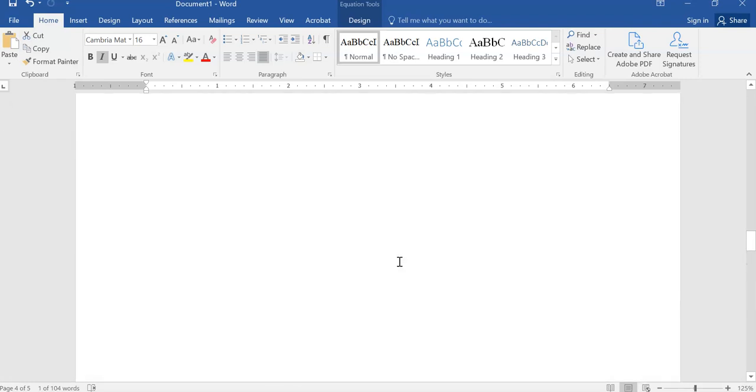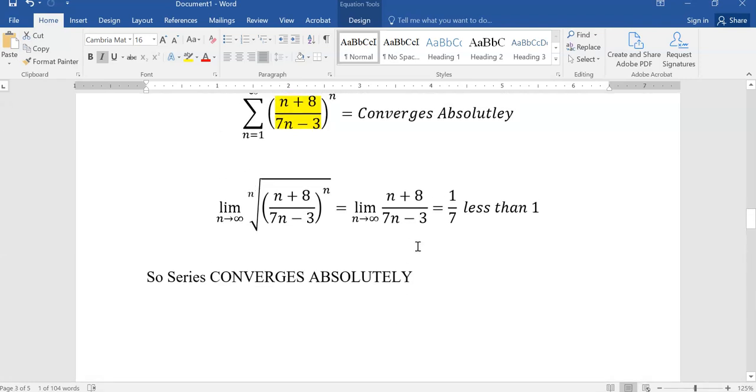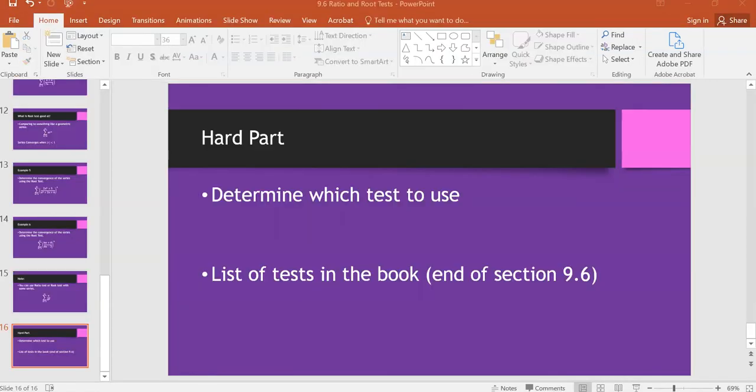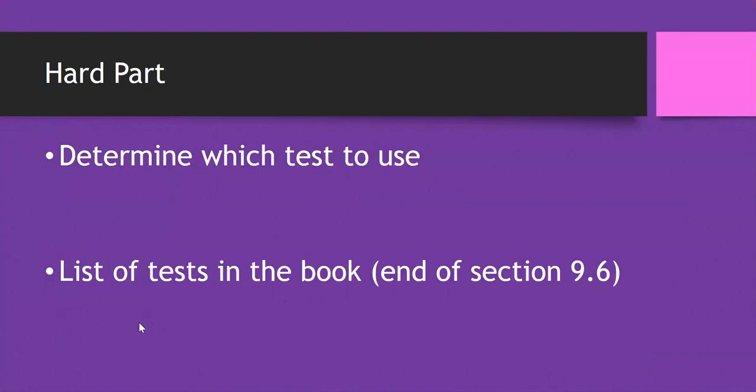If r is something less than 1, then we're going to converge absolutely. All right. So those are the types of things that I want you to understand. I want you to understand what's actually going on. All right. So that is it for section 9.6.